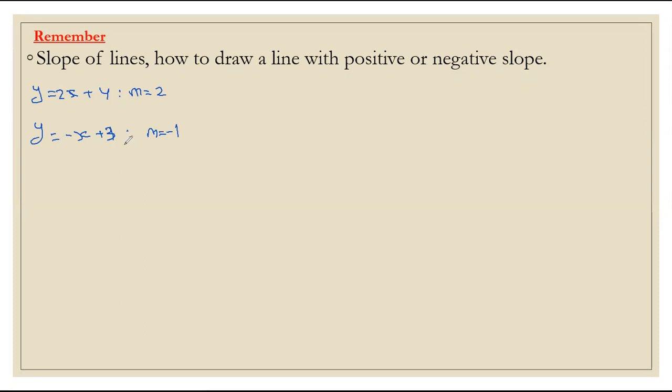Now let us check how to draw the straight line if the slope is positive and if the slope is negative. So here my y-axis and here my x-axis. Now let me ask you about the line y equal x. Do you know this line? It's a famous line.